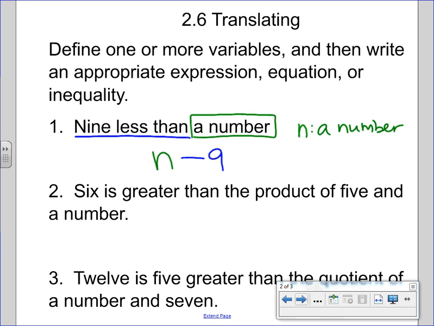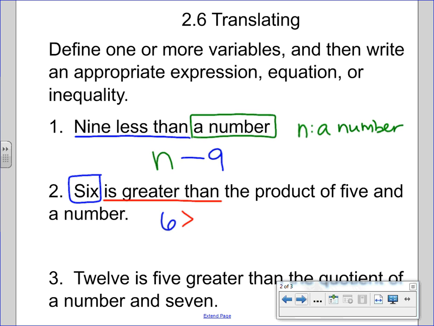So we have n minus 9. 9 less than a number. The second example has 6 is greater than the product of 5 and a number. So I'm going to start with 6. And then I'm going to read the next part, which says "is greater than." Remember, "is greater than" means the greater than symbol.